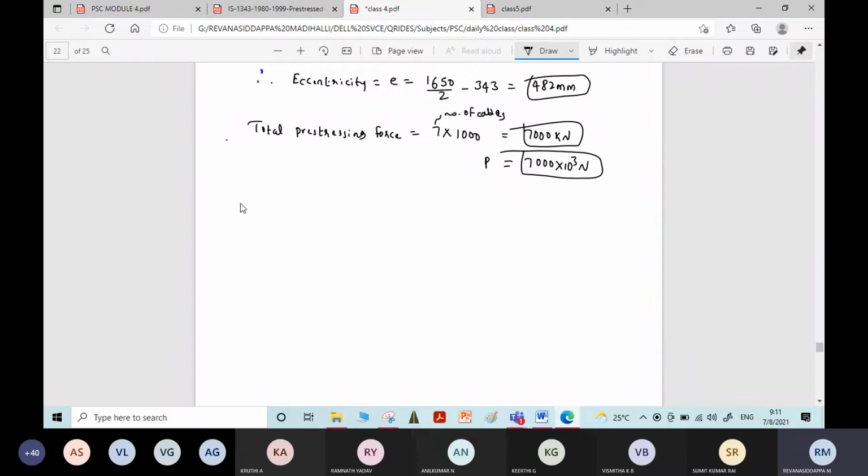Principal stresses at 550 mm from top at support section.